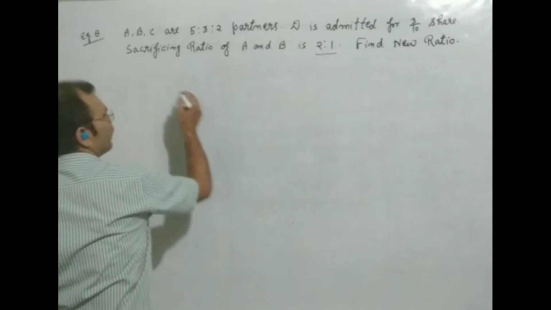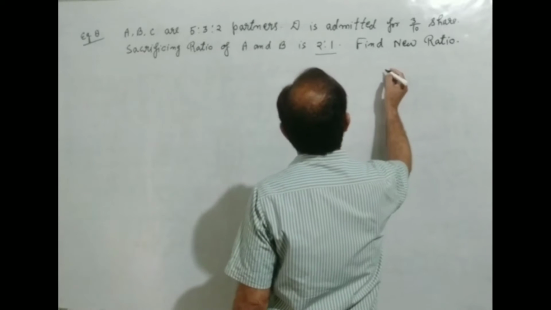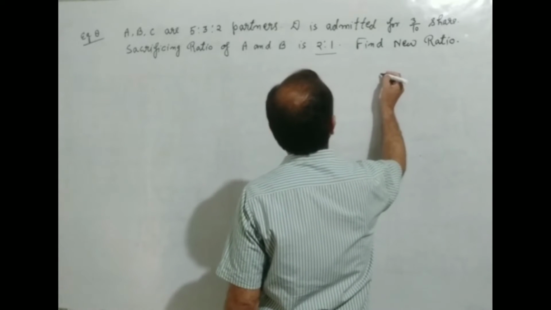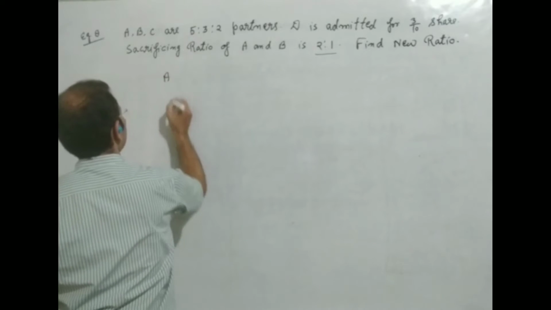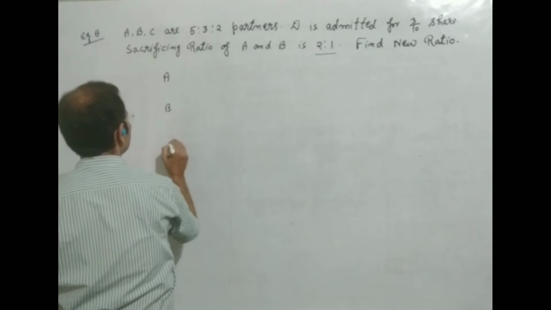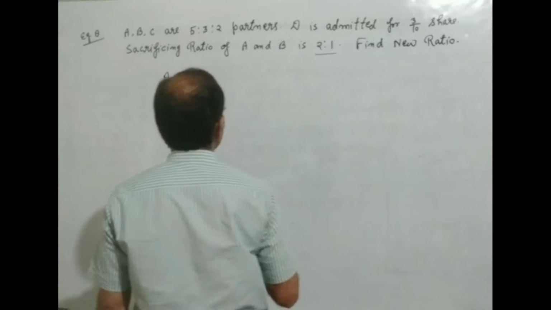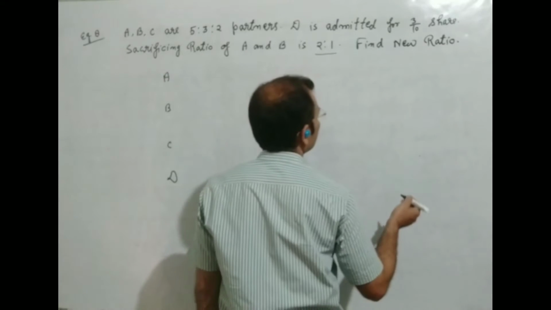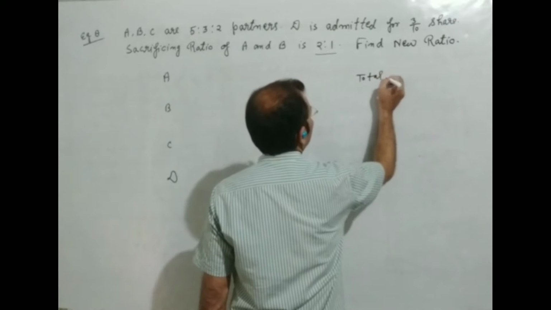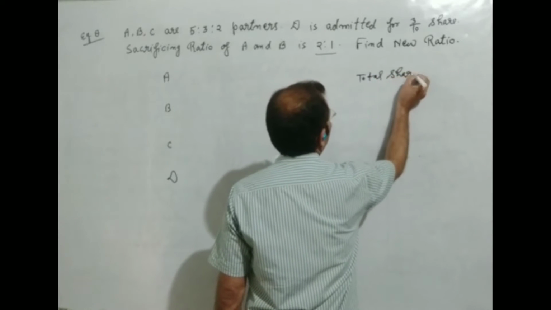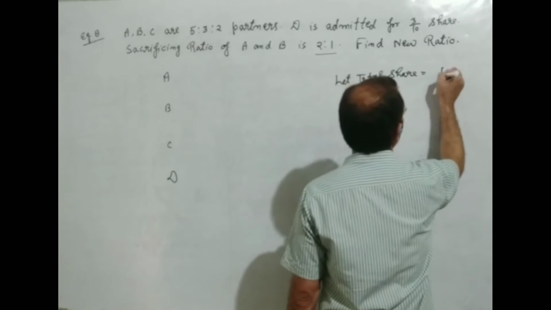First of all, we will solve the calculation here: A, B, C and D. As I have told you, let the total share be equal to 1.